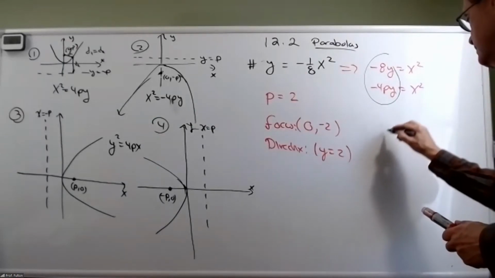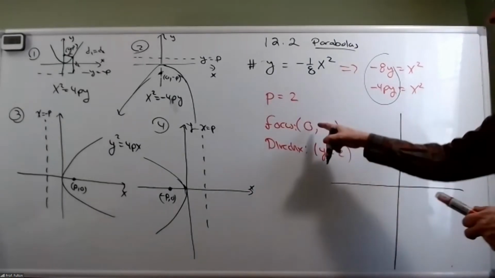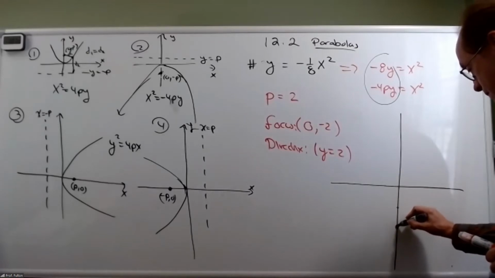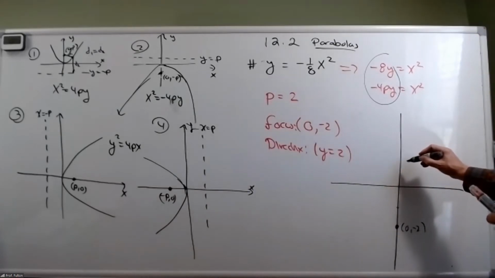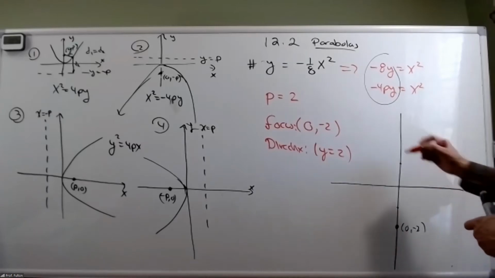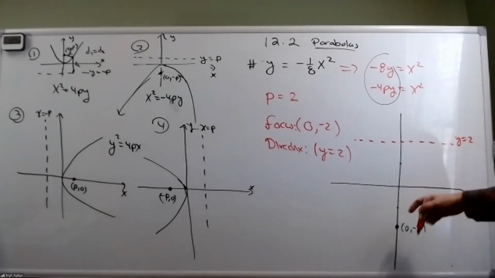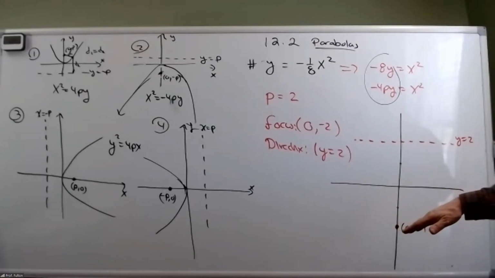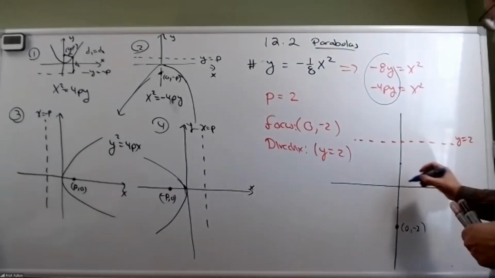So I come over here. Focus down here is (0, -2). And here's the line, y is equal to +2. Want to make sure the distance as I'm kind of going this direction here. So here's the distance.